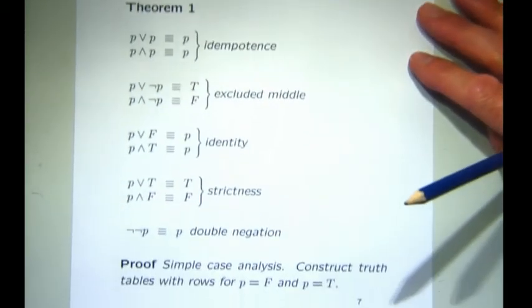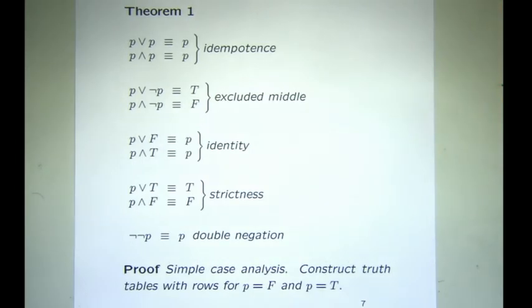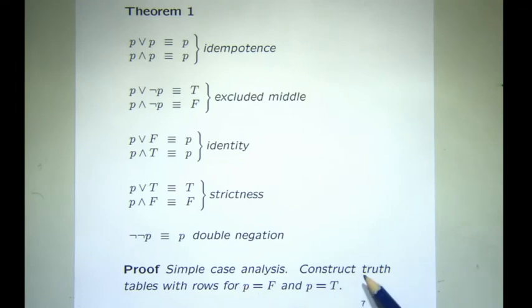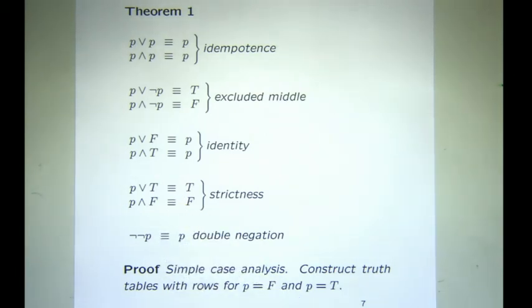Well, at this stage, all we've got in our toolkit is truth tables. So if you didn't believe one of these laws, one way you could check it is to construct the truth tables and observe that the results are indeed the same in all cases, which is our basic meaning for an equivalence.